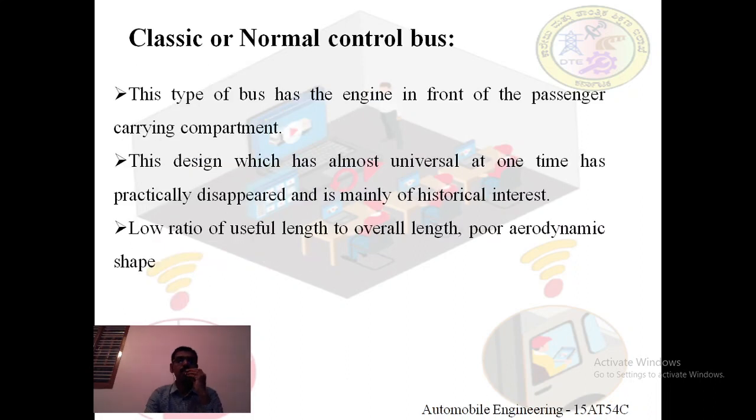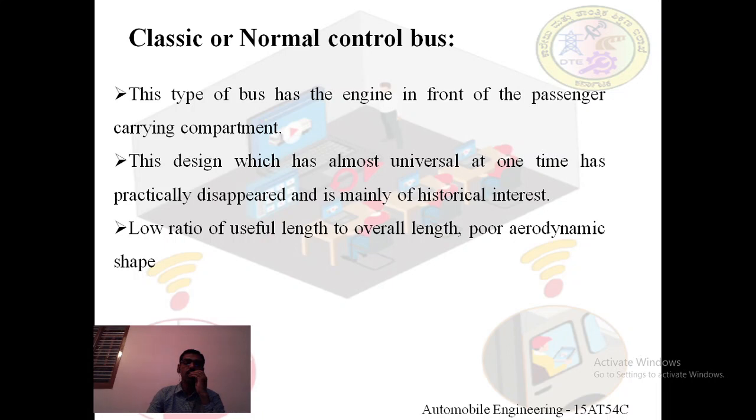In that, classic or normal control bus. This type of bus has the engine in front of the passenger carrying compartment. This design, which was almost universal at one time, has practically disappeared and is mainly of historical interest.